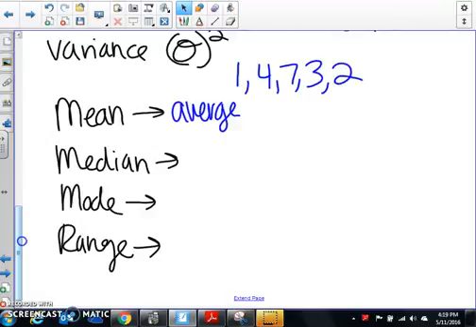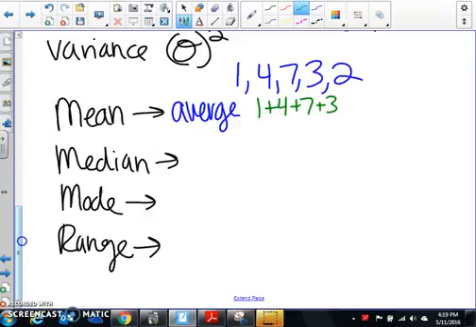So the average means we add them all up and we divide by how many there are. 1, 2, 3, 4, there's 5 numbers. So then 5, 12, 15, 17 divided by 5 would give me 17 divided by 5, 3.4.